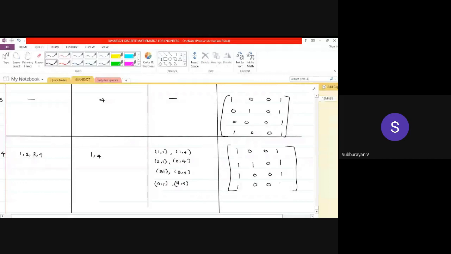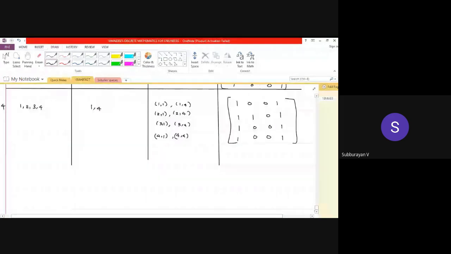This is the matrix representation of the closure of the given relation. So M_R+, which is equal to W4, is 1, 0, 0, 1; 1, 1, 0, 1; 1, 0, 0, 1; and 1, 0, 0, 0, 0, 1.